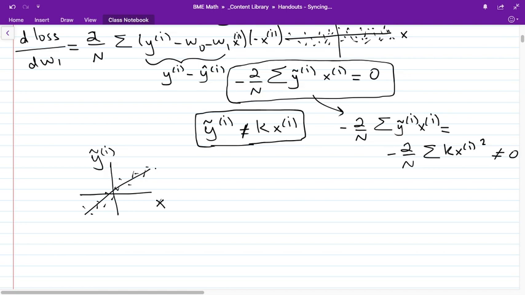If you look at your errors and they're a linear function of x, then you didn't do it right. So you should be mean 0, and your errors should be uncorrelated to the function that you're fitting. So if you're fitting a linear function of x, your residuals should have no linear components left in them.